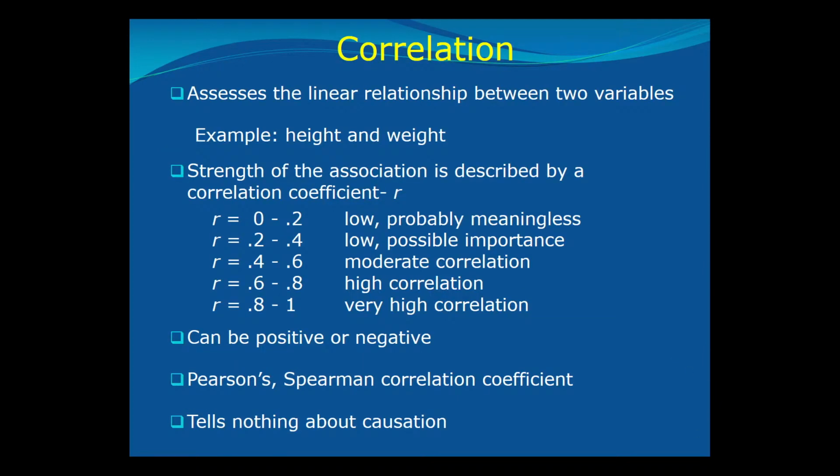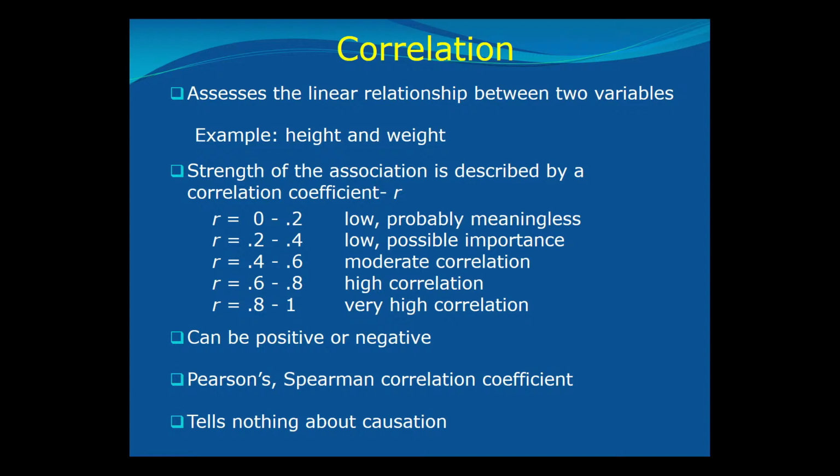Then, if we need to understand the relationship between two or more variables, we should carry out correlational analysis. Correlational analysis, or correlation, is the association between two or more variables.